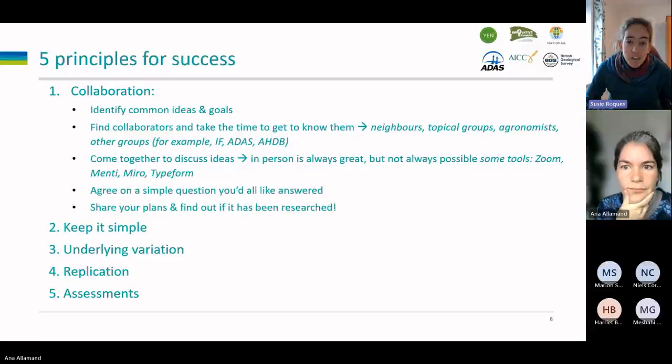So we encourage anyone who's considering a trial to talk to their neighbours, talk to their agronomists, go to AHDB monitor farm meetings, any way of finding collaborators, and then either discussing in person or using great online tools like this.